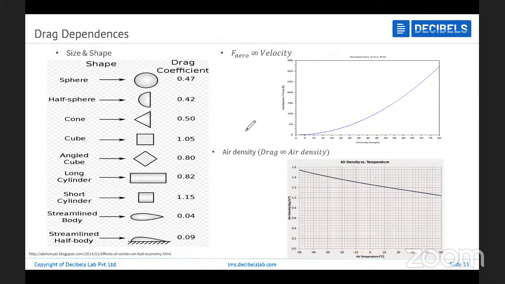If you see different parts of our country, if you go to the complete north side, it is cold, so obviously there will be higher air density as the temperature decreases. At higher temperatures there will be less air density. So these are some of the parameters.